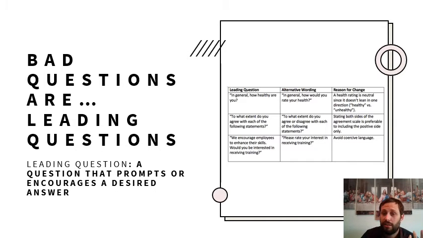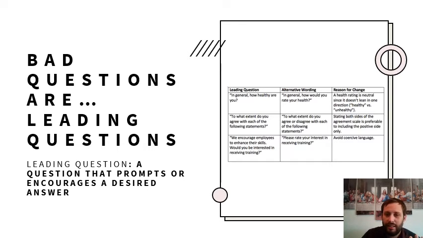An alternative wording is, to what extent do you agree or disagree with each of the following statements? So it's very important that you have all aspects of agreeance in your questions. If you're asking how strong or weak someone is, say how strong or weak are you, not just how strong are you.